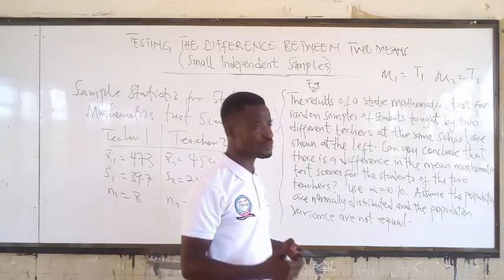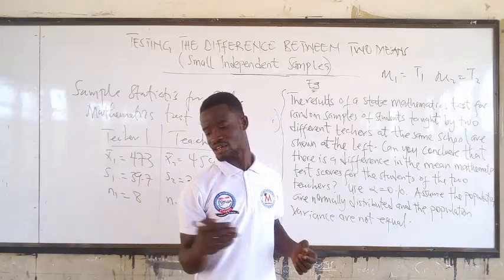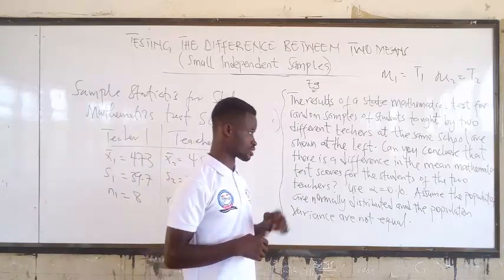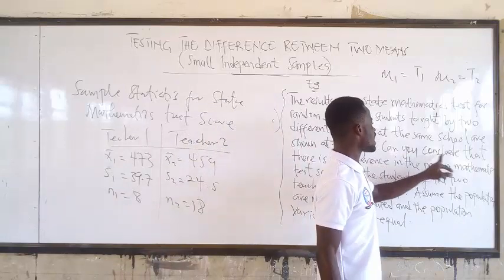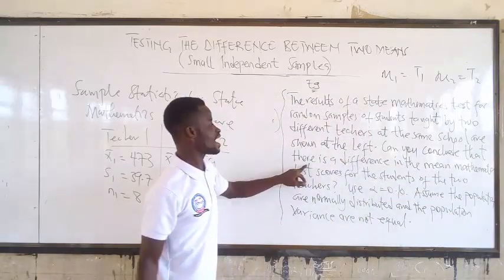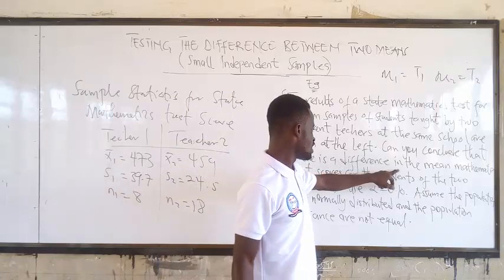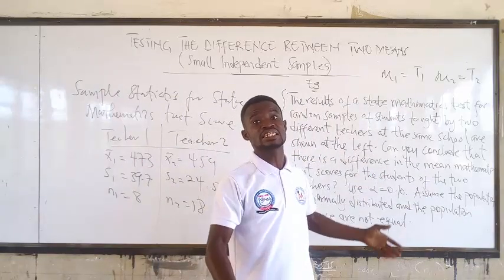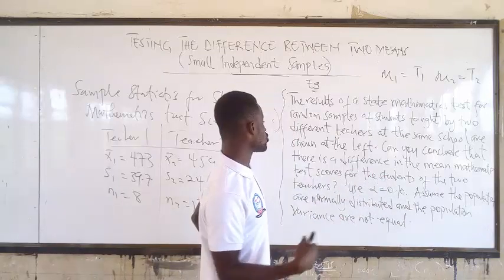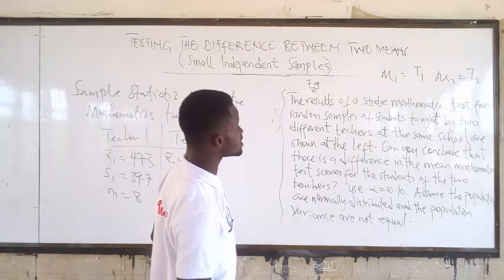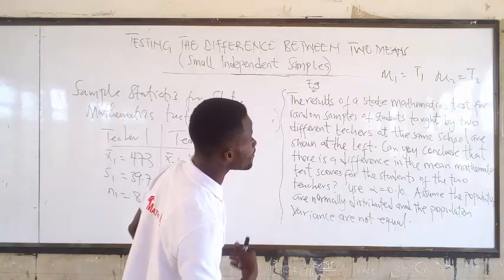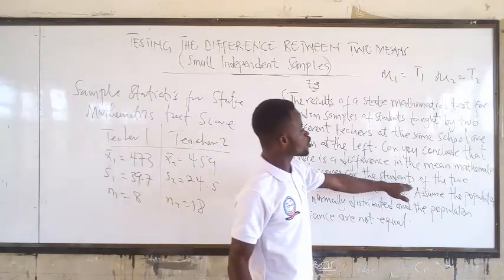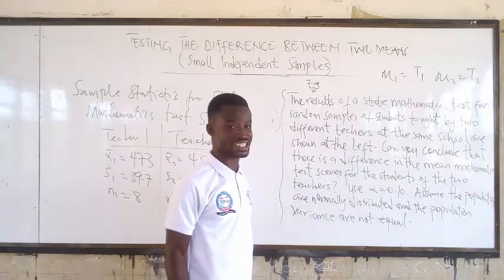So let's continue to see the claim. The first step is stating the null and the alternate hypotheses. Can you conclude that there is a difference in the means, teacher 1 and teacher 2? So can you conclude that there is a difference in the mean mathematics test score for the students of the two teachers?